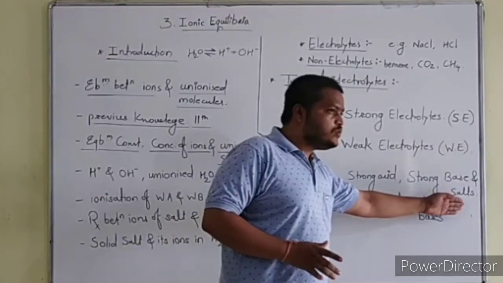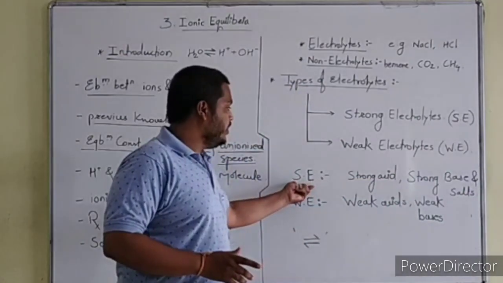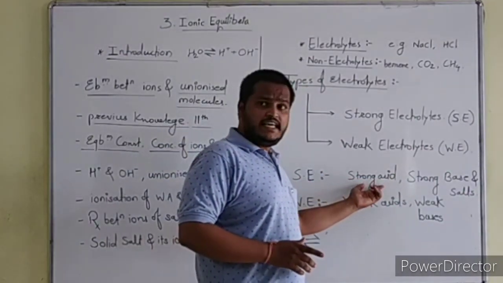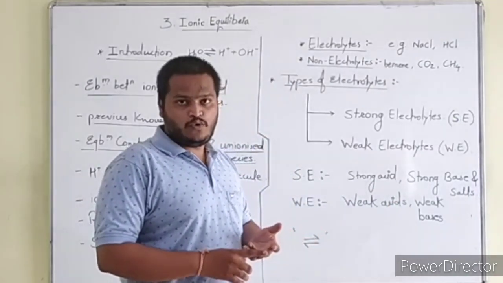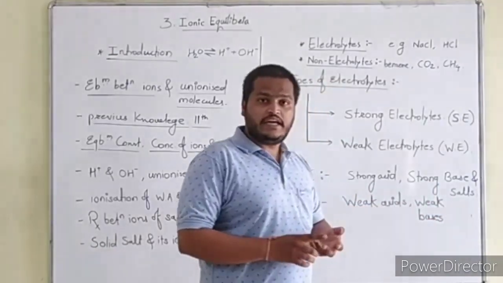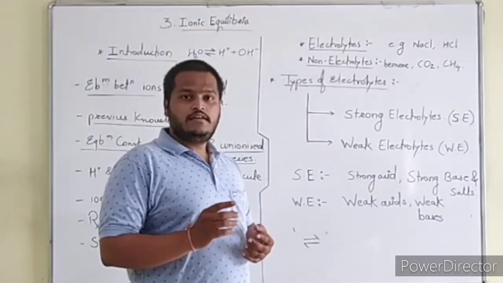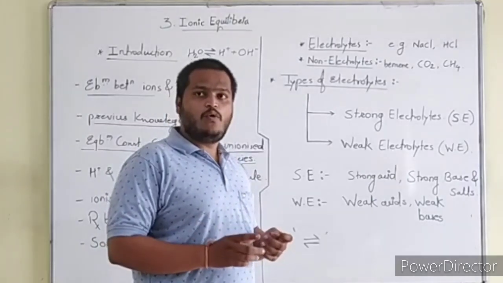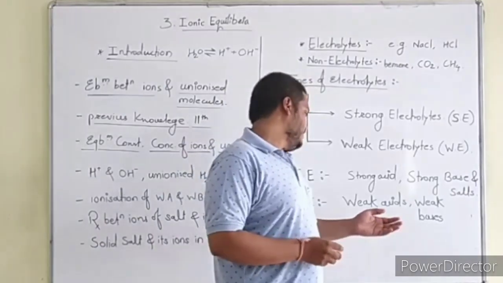And some salts also show such nature of strong electrolyte. Examples of strong acids are HCl, HNO3, H2SO4, examples of strong bases are KOH, NaOH, and an example of a salt is CH3COONa, the sodium salt of acetic acid.